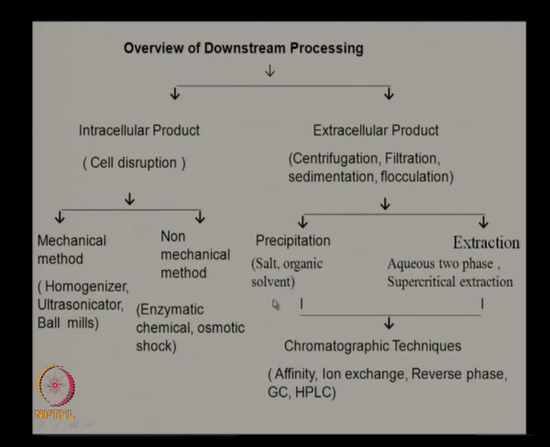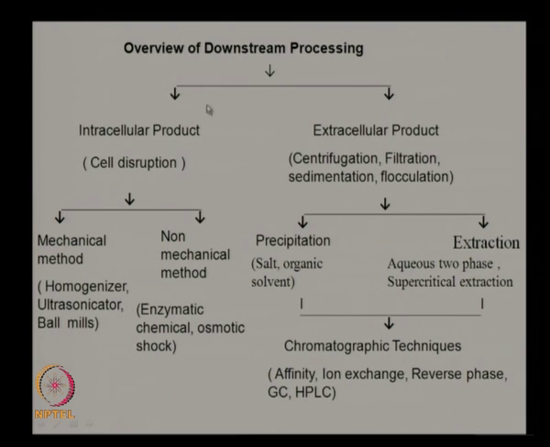So this is the product isolation side of it, and then the purification part of it is using different types of chromatography, like I mentioned before, the affinity chromatography, the ion exchange chromatography, reverse phase or gas chromatography, or even liquid phase chromatographies can be resorted to, and you can purify your product.